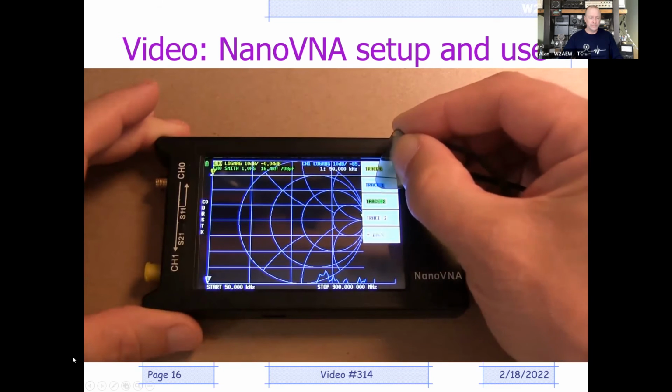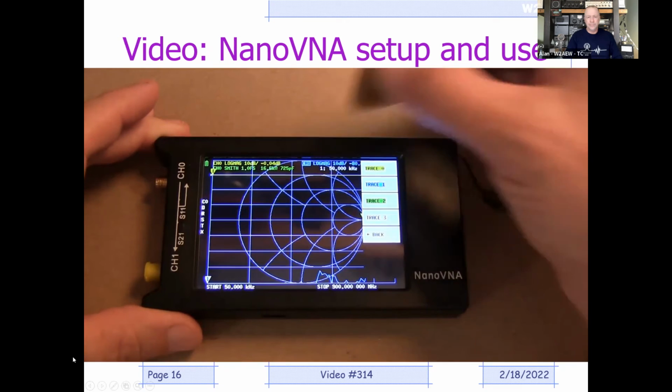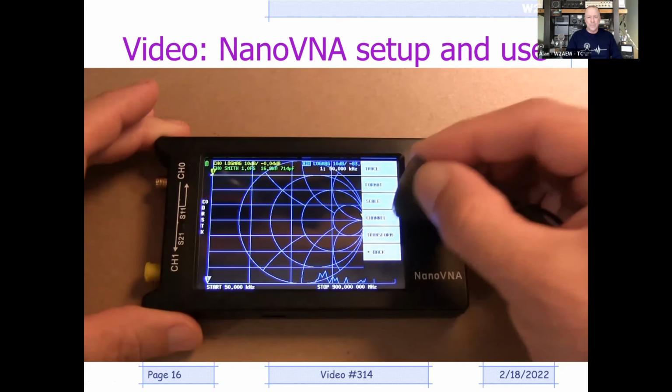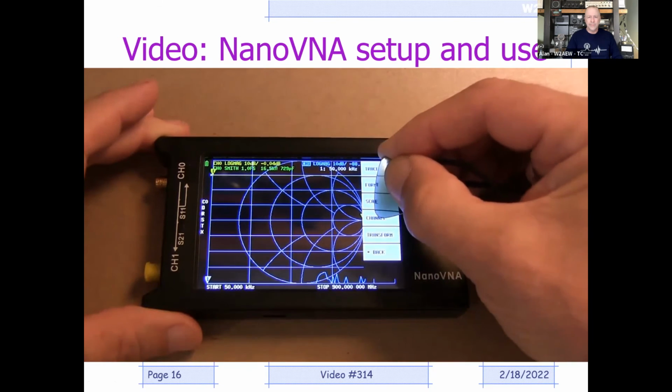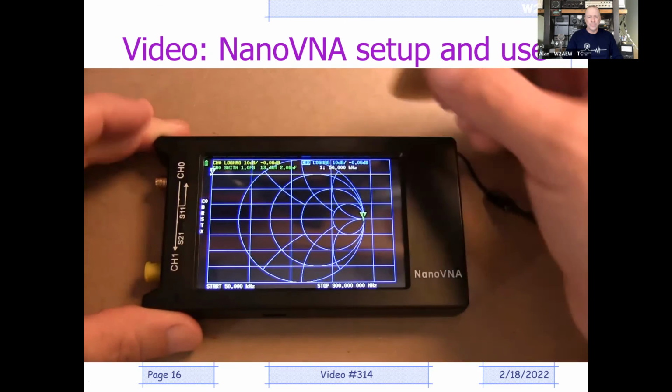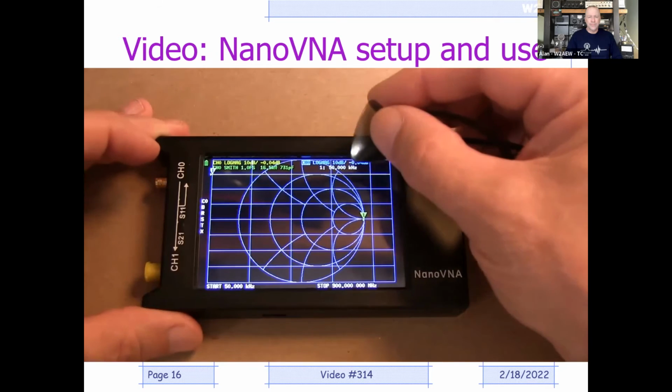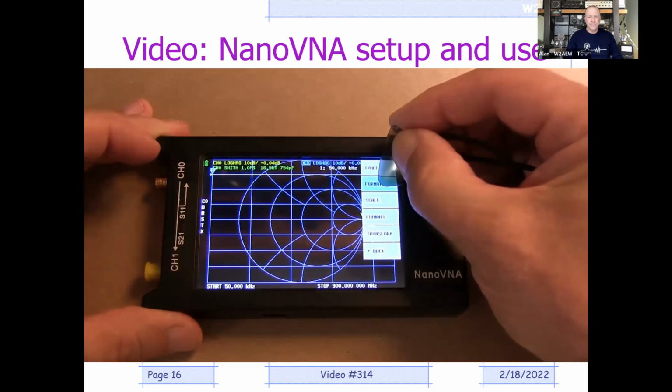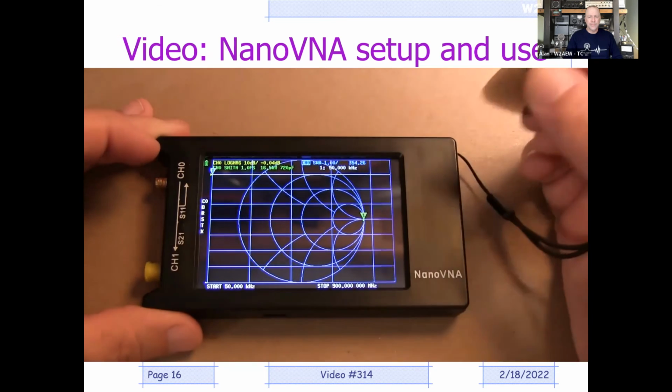And then we'll select trace number 1. The inverse text tells us we're selected. We'll go back and then tell it to be on channel 0, which is the reflection channel, or the S11 channel. And now we just have to go back in one more time to the format and hit SWR.